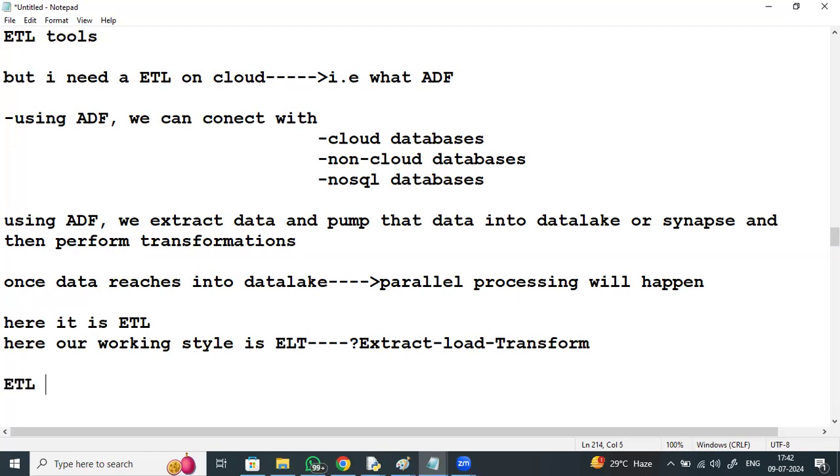ETL, when to go for ETL? For small volumes of data, in GBs.